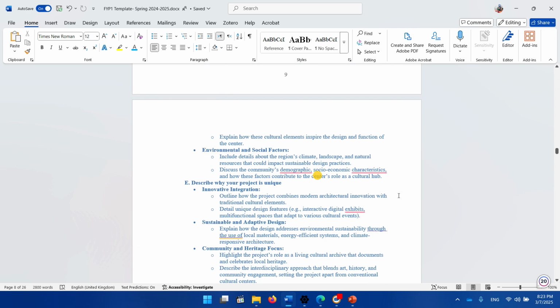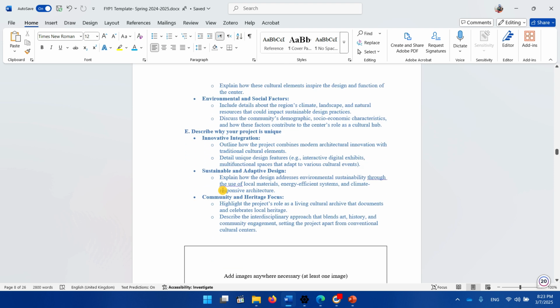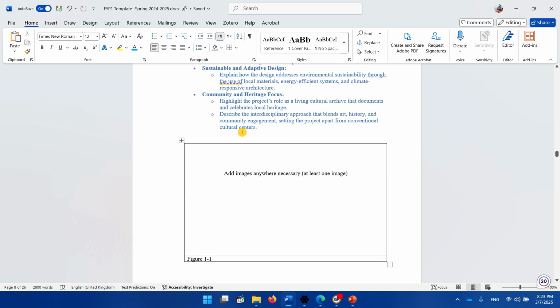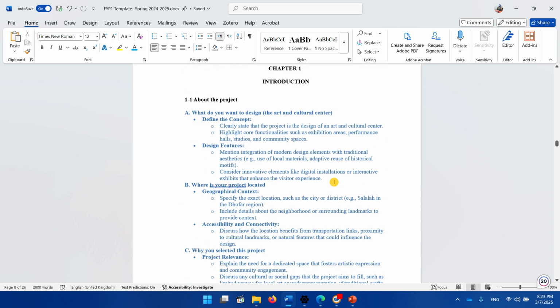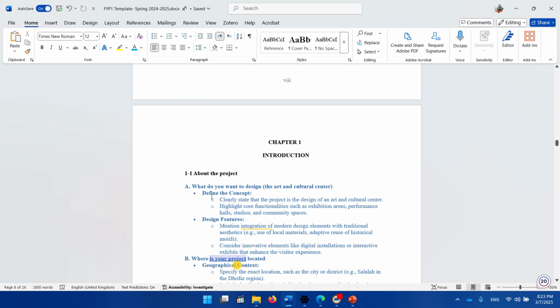And what environmental and social factors did you take into consideration, why is your project unique, and did you have anything about the adaptive design or not, and overall, why is your project very unique, okay? So all of this gives you one outline about the project.